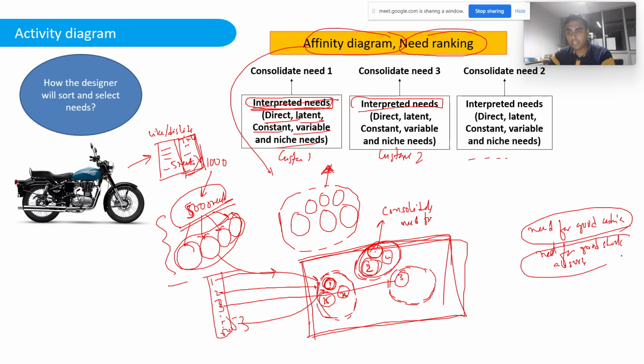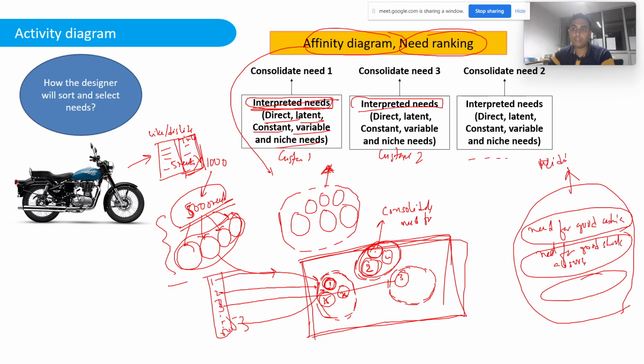So you can bring such needs and affinitize them against one particular consolidated need, which is riding comfort, or comfort in riding. Likewise, you try to categorize the initial set of needs that you derive from your primary contextual inquiry, then do affinity mapping and come up with consolidated needs.